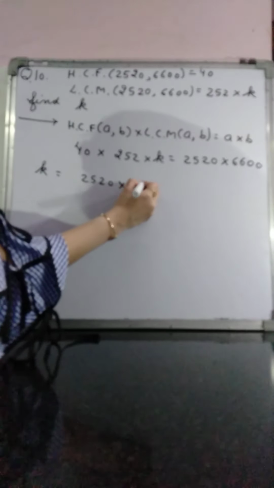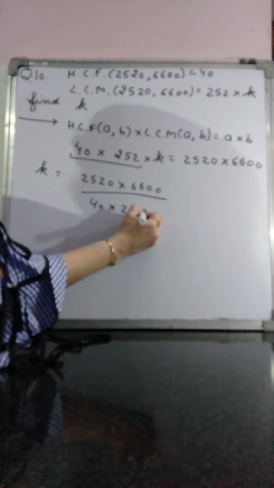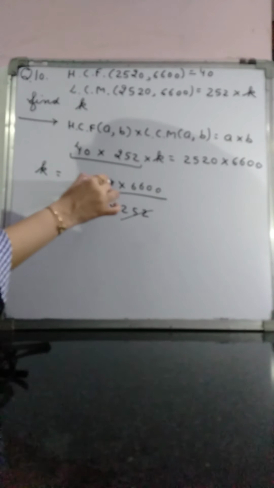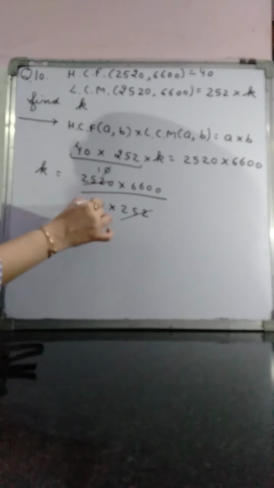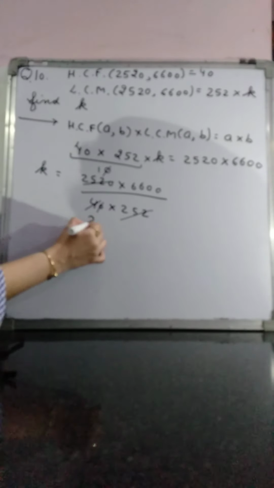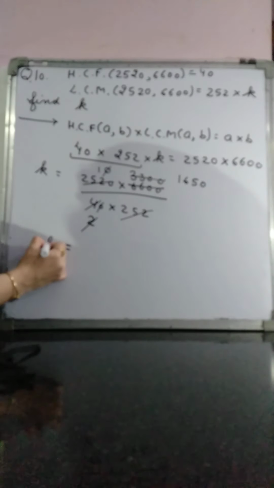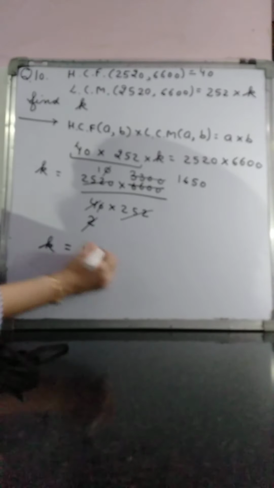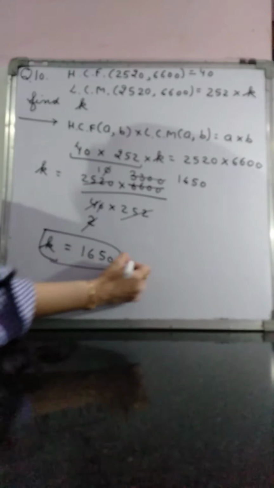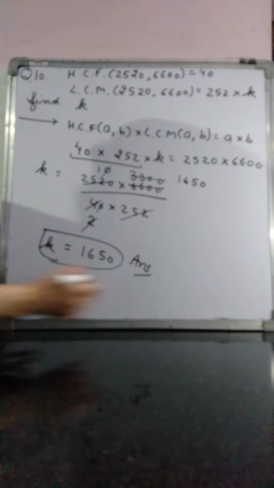K is equal to 2520, bring them in denominator. 252, 10, cancel out. The value of K is 1650. This is the answer.